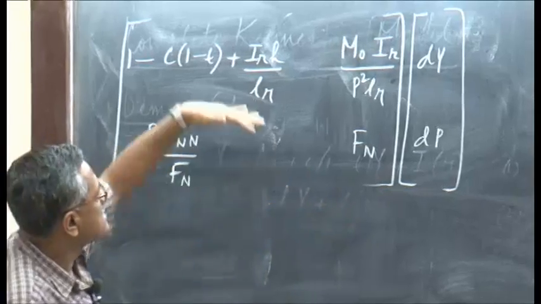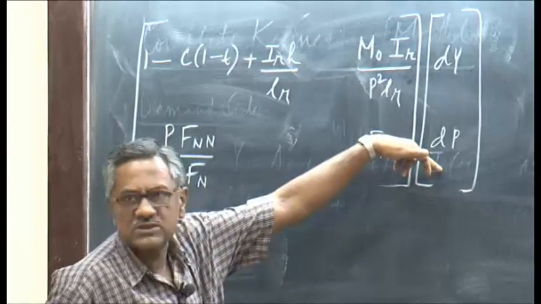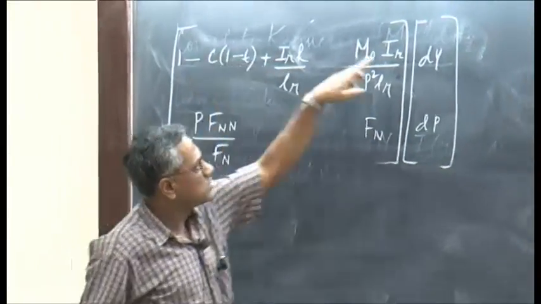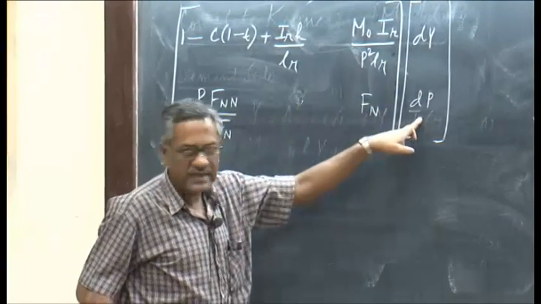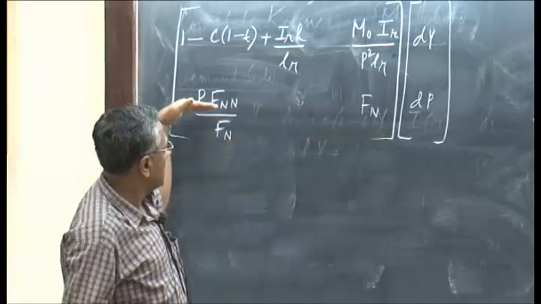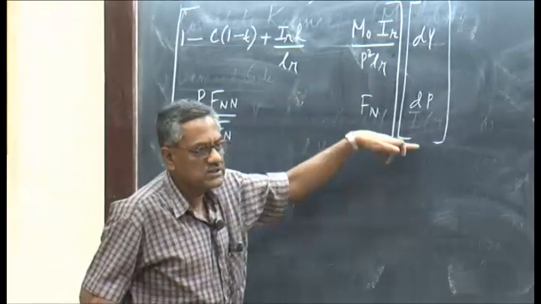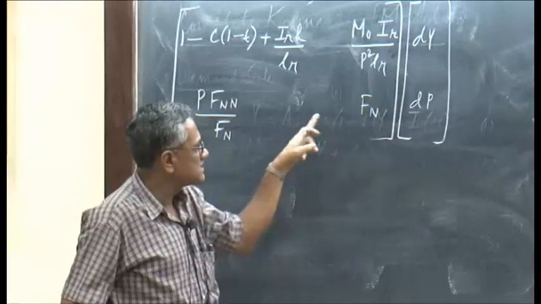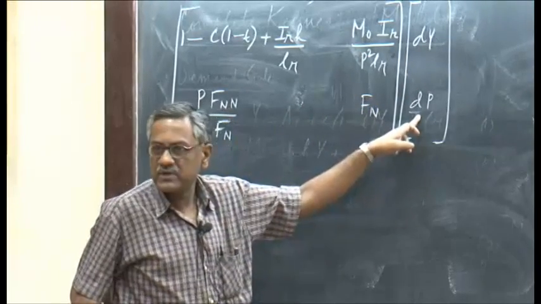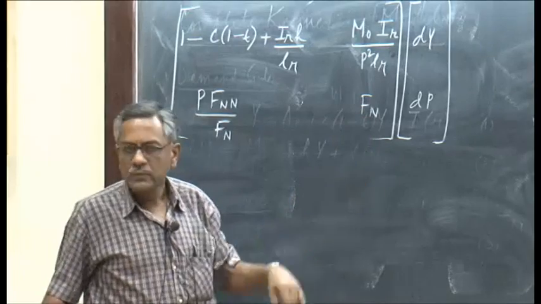So what you are saying is this first row is multiplied with this column. The first element is this first element here, plus the second element into second element. For the second equation, again this row is multiplied with this column vector. So first element and dy plus this with the second element here. That's what you do.